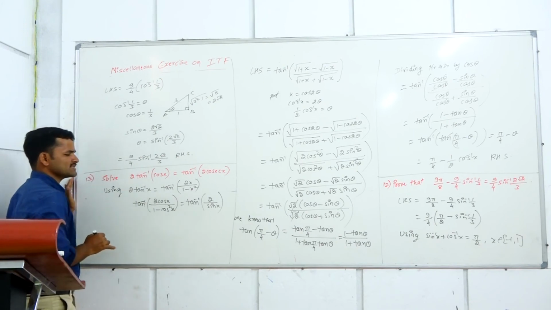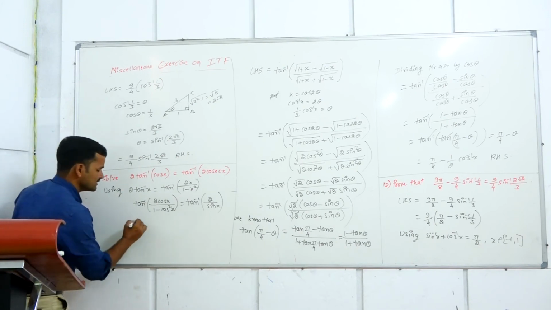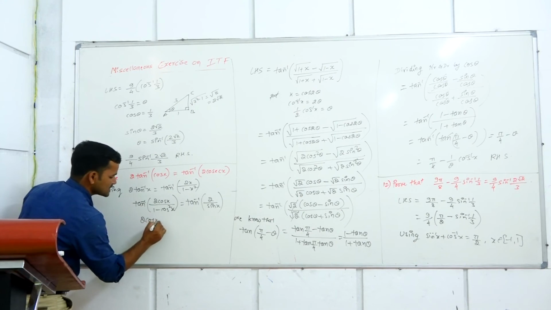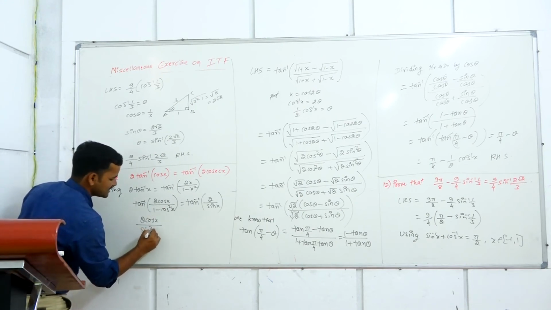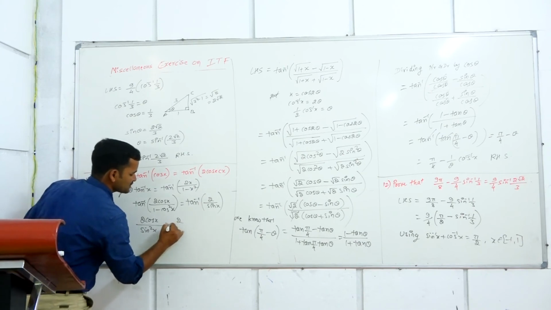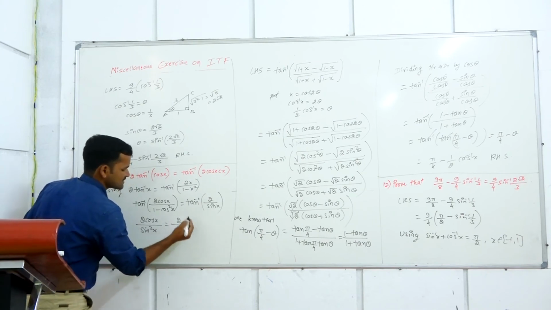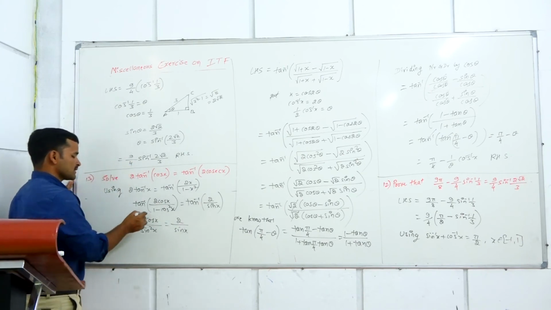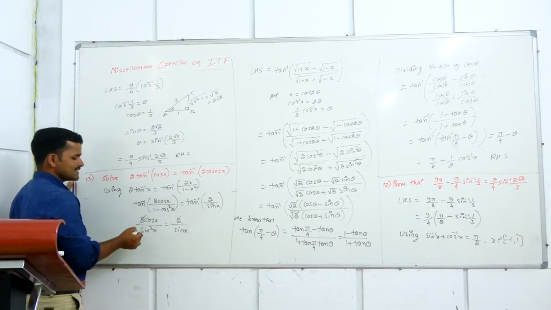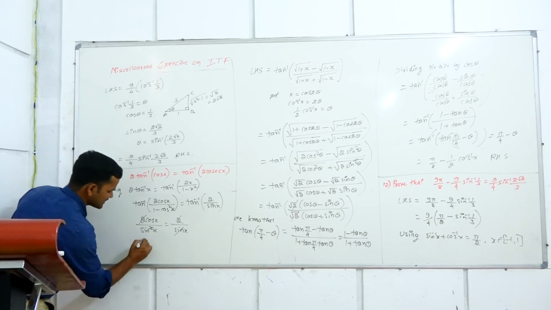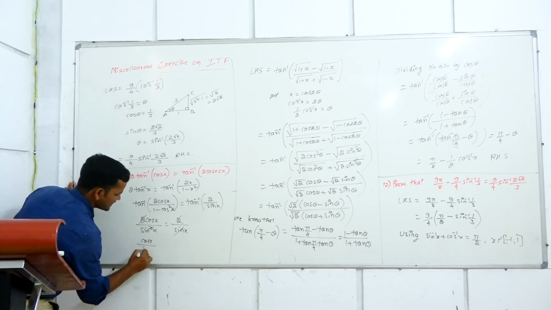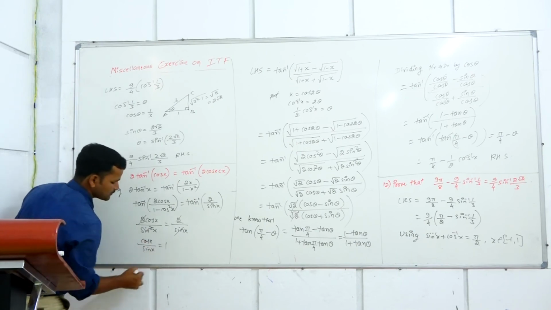Both sides have tan inverse, so you can leave that. Now 1 minus cos square x is nothing but sin square x, so 2 cos x by sin square x is equal to 2 by sin x. Now cancel the like terms. The 2 cancels. Sin x is twice here and once there. This is nothing but cos x by sin x is equal to 1.